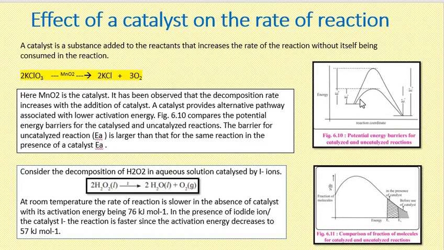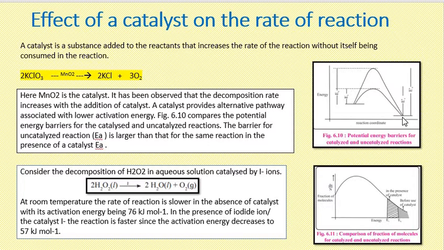It has chosen the alternate path, and that path is having lower activation energy. So what will happen? The compound will turn into potassium chloride and oxygen gas comparatively quickly. We can say here the barrier for uncatalyzed reaction is larger than that of same reaction which is happening in the presence of manganese dioxide, right?